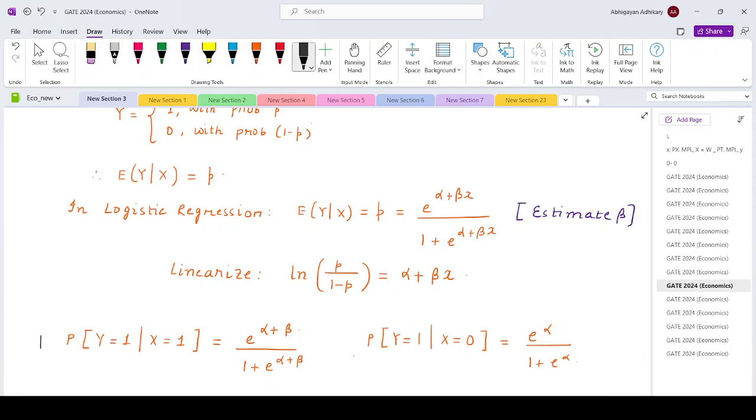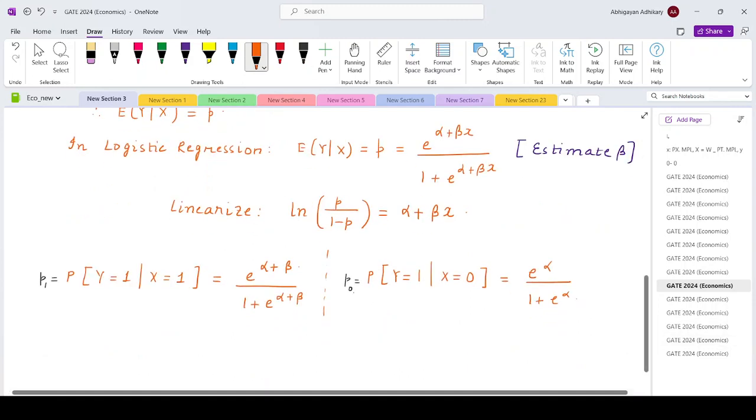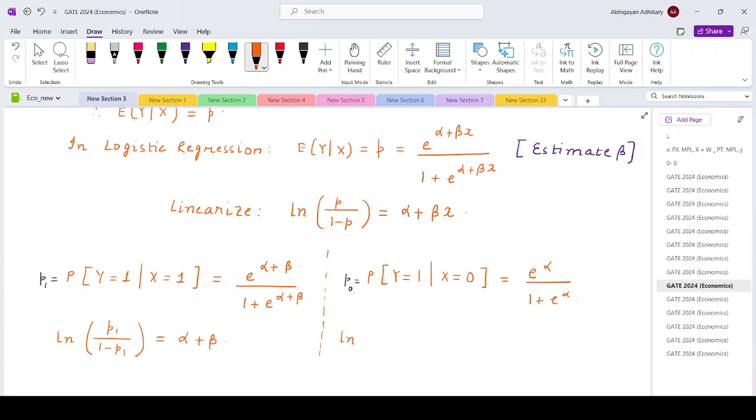Let's say I denote the first one as p1 and the next one as p0. So if I write it in terms of the linearized version, log of p1 by 1 minus p1 would be alpha plus beta, and log of p0 by 1 minus p0 would be alpha.